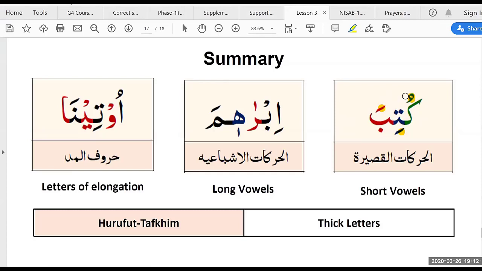Do you know what the last one is, a letter carrying a dhamma? Is it madmum? Madmum. Yes, okay. All right. Jazakallah.